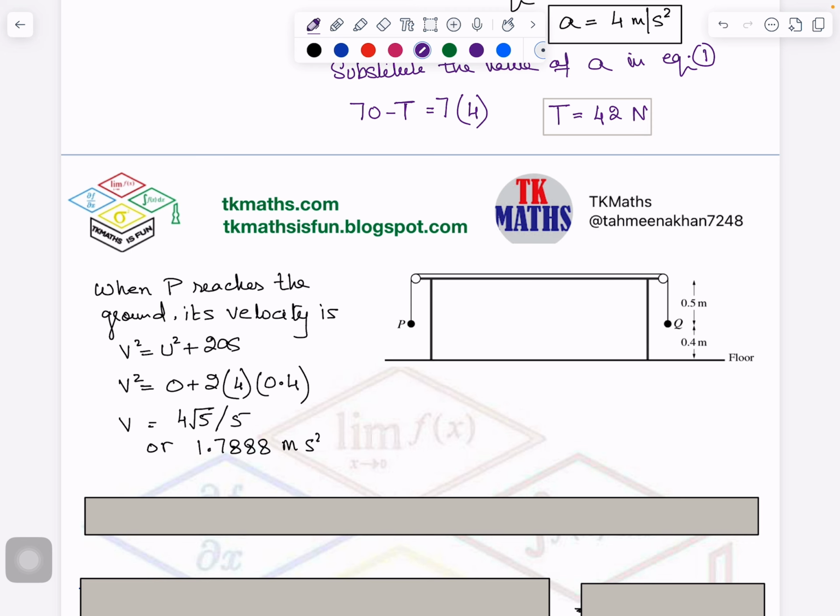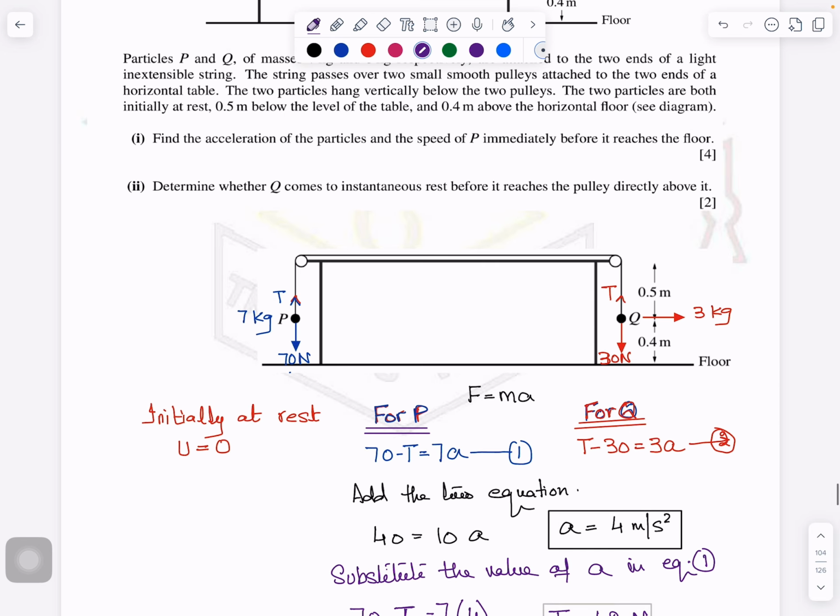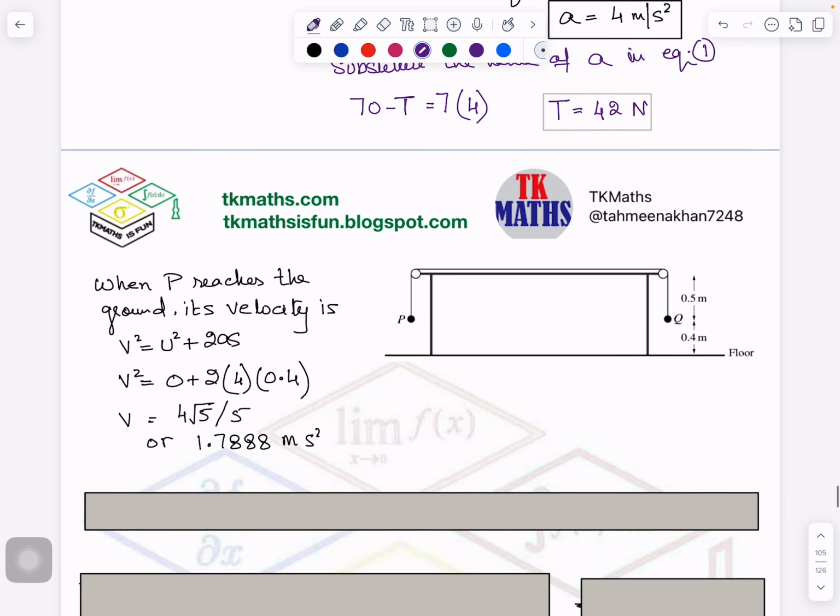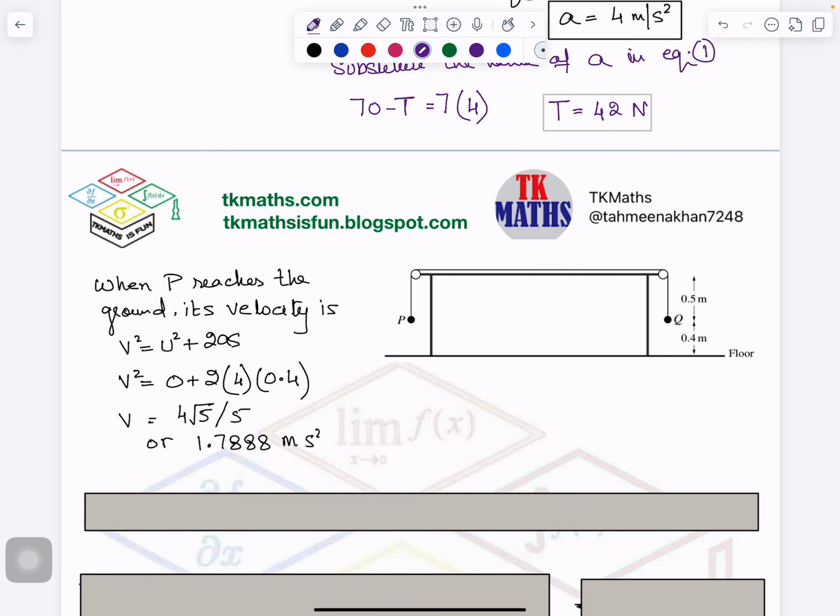Then to solve the second part, because the question is saying determine whether Q comes to instantaneous rest before it reaches the pulley directly above it or not. So of course I need to know the velocity first of all when P reaches the ground. So when P comes here, definitely Q will go up here and it would have covered distance 0.4.